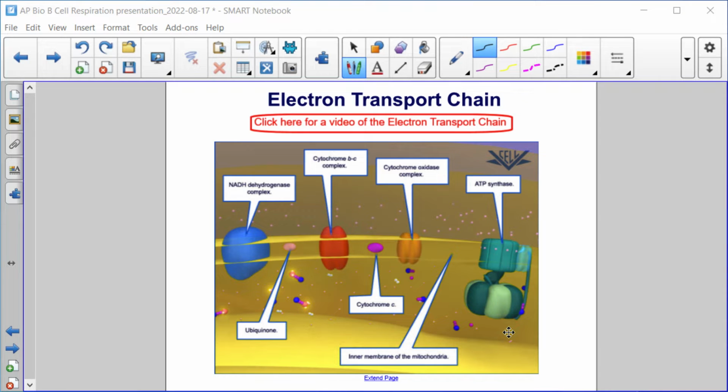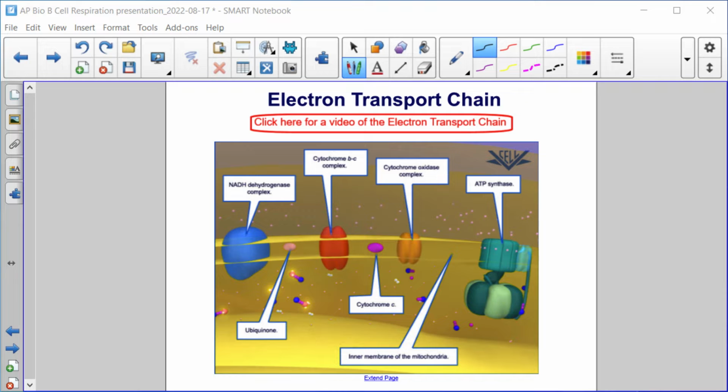The ATP synthesis steps you see here are discussed in greater detail in the ATP Synthase Gradients animation, which is also linked throughout this presentation. This animation illustrates 2 full cycles of electron donation.